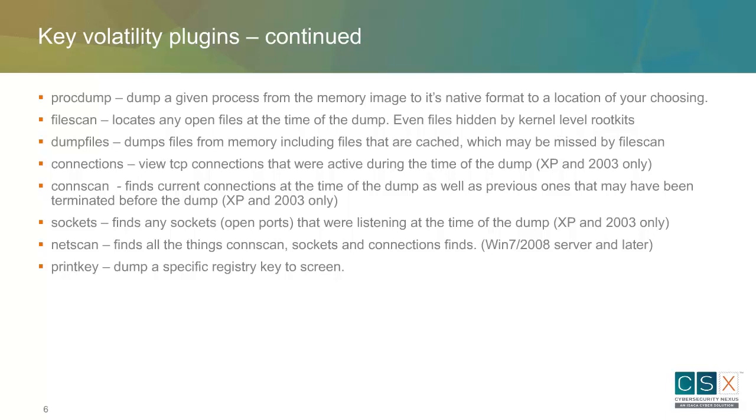Some of the things we've done very usefully is taking a swath of like 100 machine dumps and dumping specific registry keys from those 100 machines and been able to quickly identify patterns in the ones that were compromised versus the ones that weren't, and create some pretty useful indicators of compromise for our clients' incident response teams.